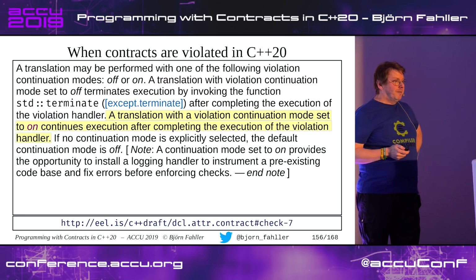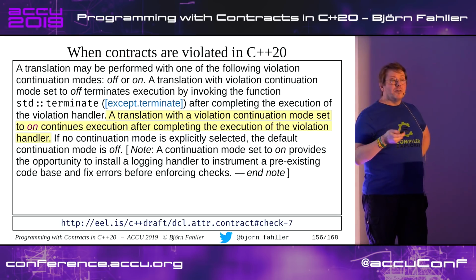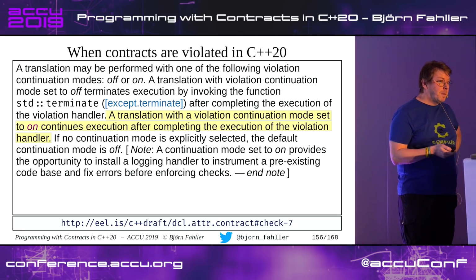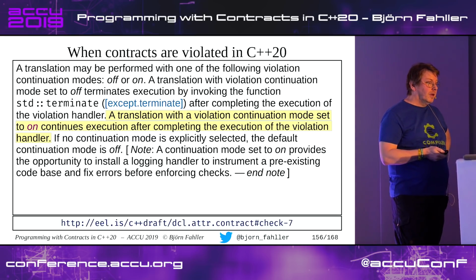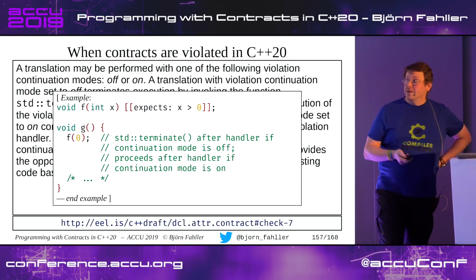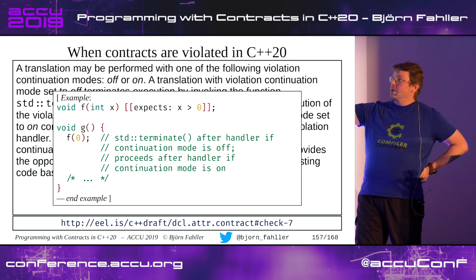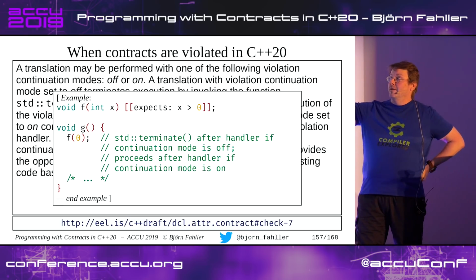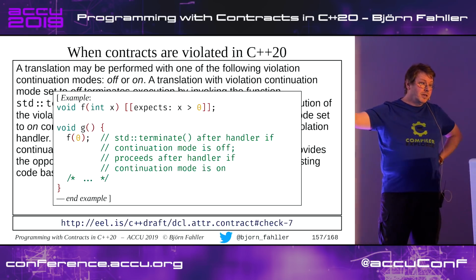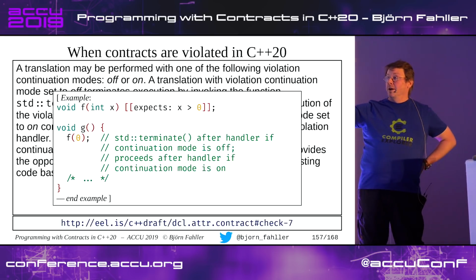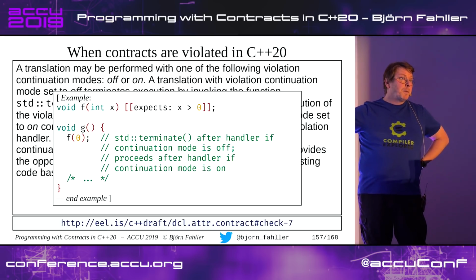A translation with a violation continuation mode set to on continues execution. And there is an example. So depending on how this call to F that is clearly in violation of the contract, this may or may not cause termination of the program.